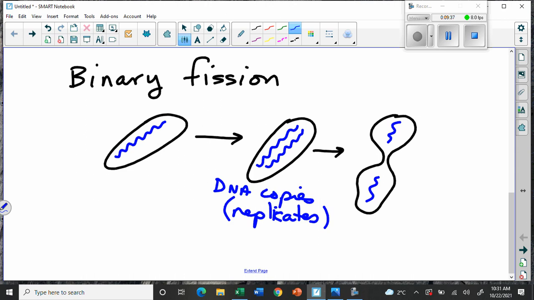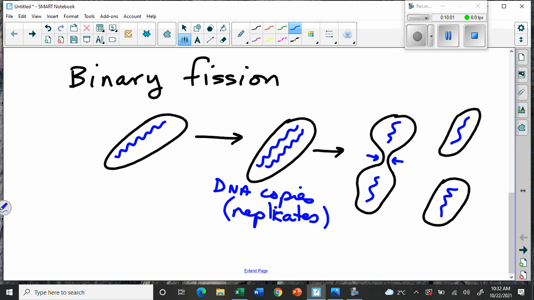And then you can see how there's this pinching action here. And eventually when they touch, they would just pinch off, and you produce two bacteria cells with the same genetic information inside. And that's basically the process of binary fission. You duplicate the DNA, and then you duplicate the actual cell by splitting it in two.